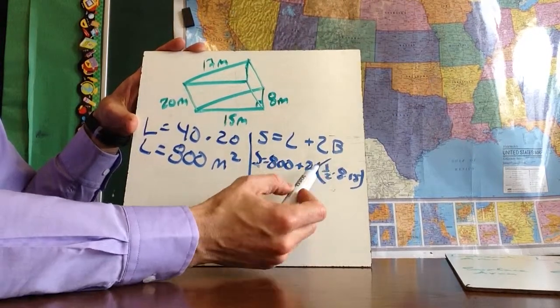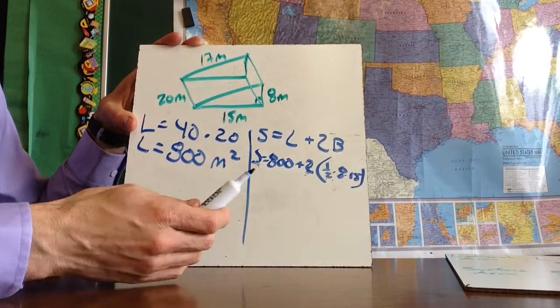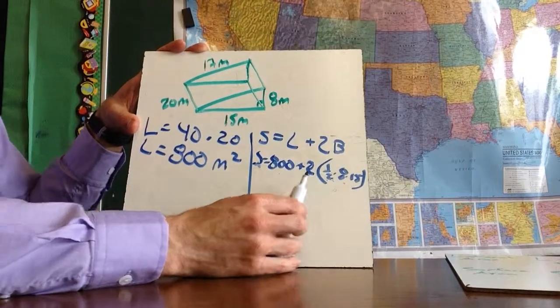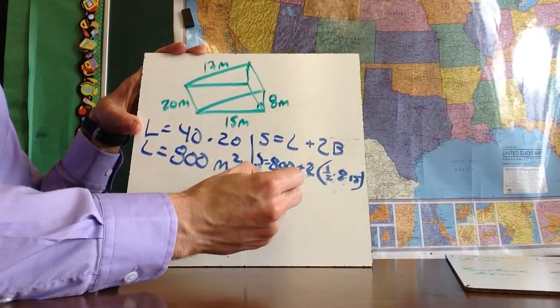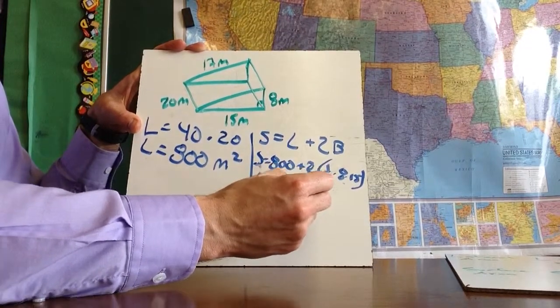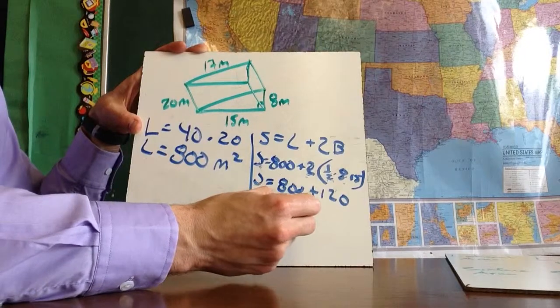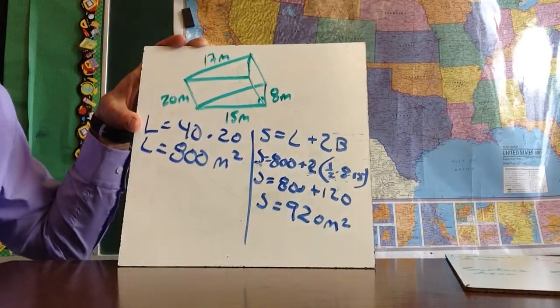Other people would go half of 8 is 4, 4 times 15 is 60, 60 times 2 is 120. No matter how we do this, we should end up getting 120 on that side. So I got 800 plus 120, which means my surface area is going to be 920 square meters.